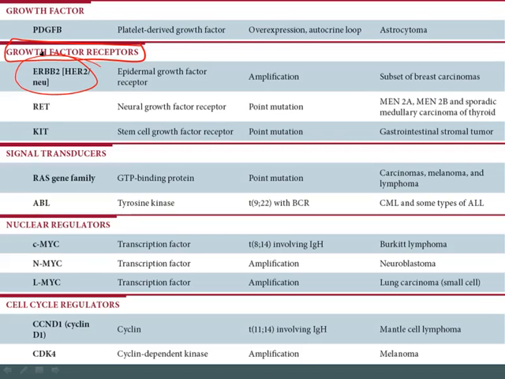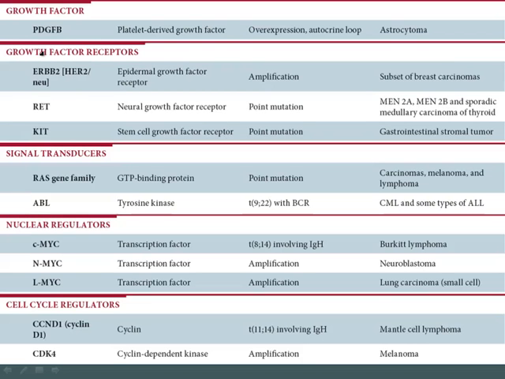Which of the following tests would be important to perform in order to determine whether or not she should be treated with the drug? A, estrogen receptor, B, progesterone receptor, C, HER2/neu, etc. And obviously the answer would be HER2/neu. So it's important to be familiar with: in a subset of breast cancer, there is amplification of the HER2/neu growth factor receptor.